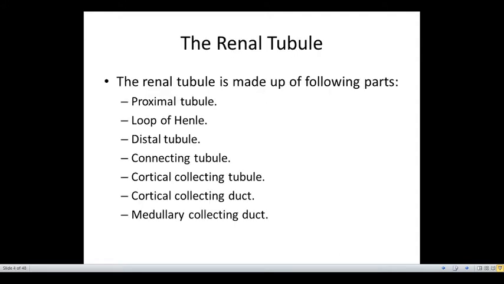The renal tubule is made up of following parts: proximal tubule, loop of Henle, distal tubule, connecting tubule, cortical collecting tubule, cortical collecting duct, and medullary collecting ducts.